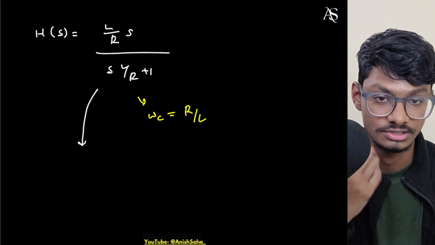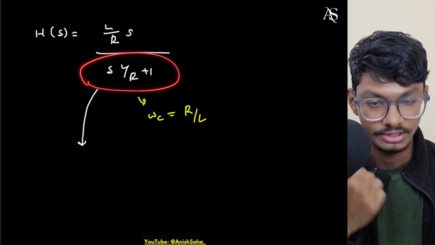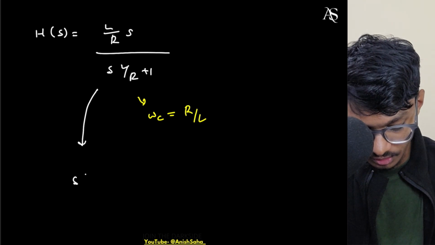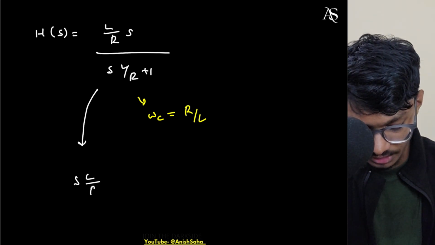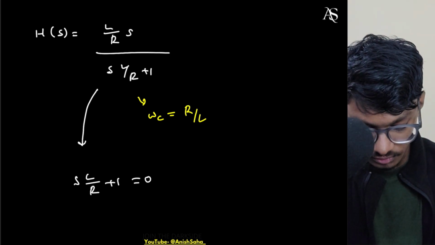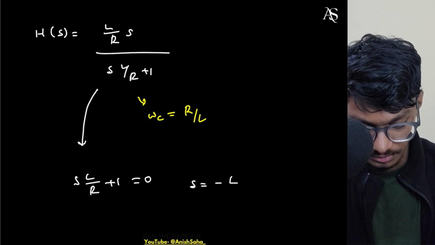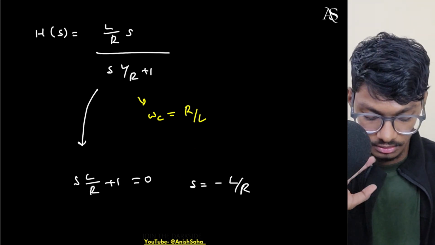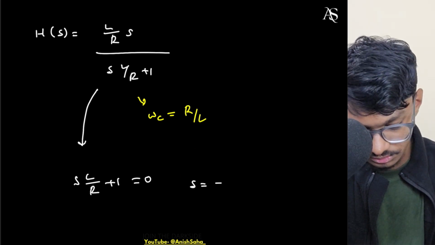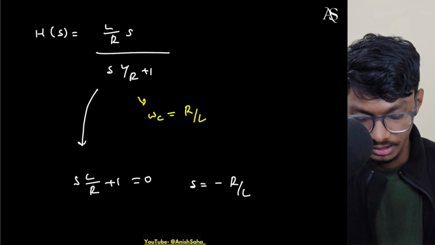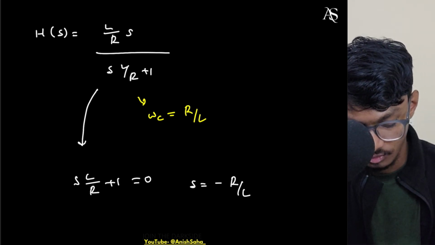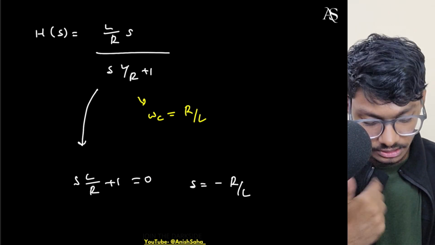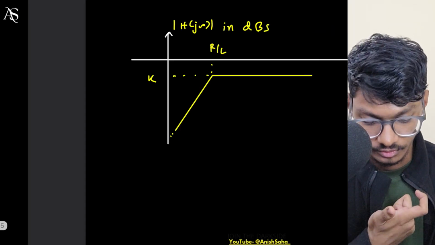The definition of pole means when the denominator goes to 0. So if I make the denominator go to 0, this will be s L by R plus 1 equals to 0. Now s equals to minus R by L, and at this value of frequency I will get infinite magnitude. Now few people get confused with this. They assume that this is this frequency R by L.